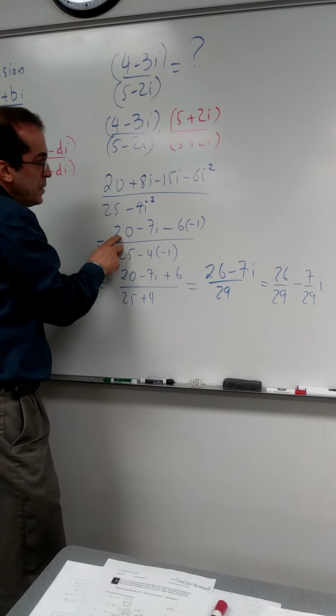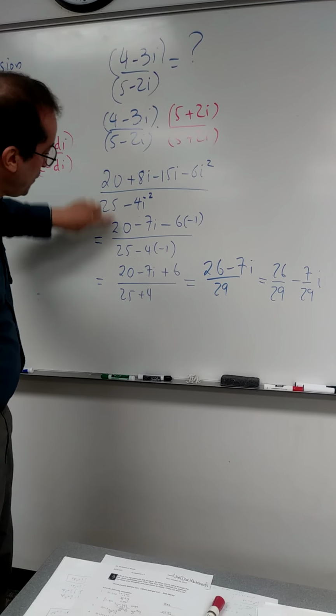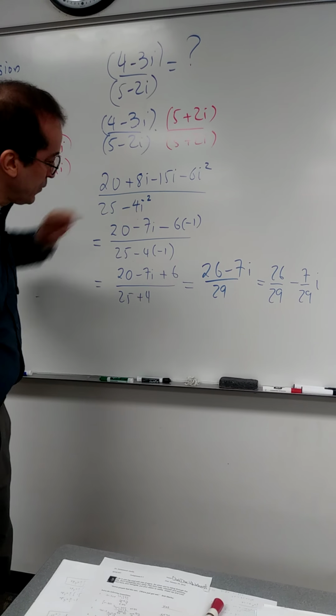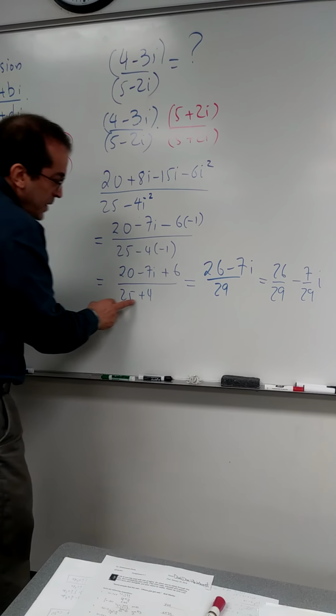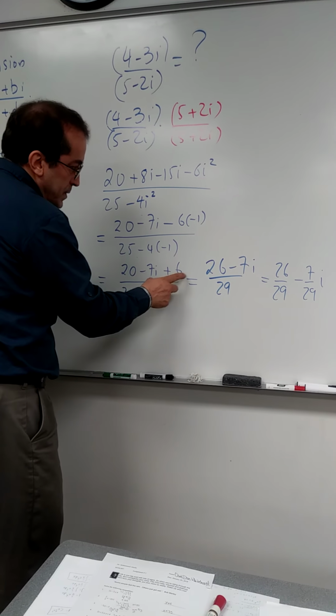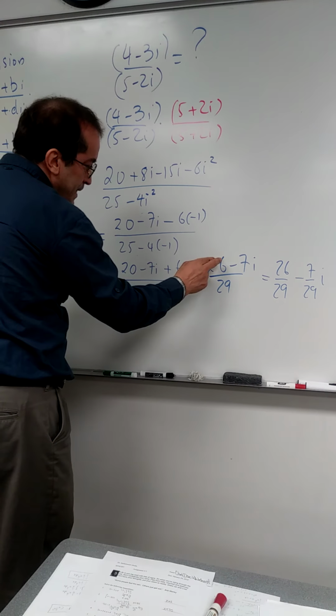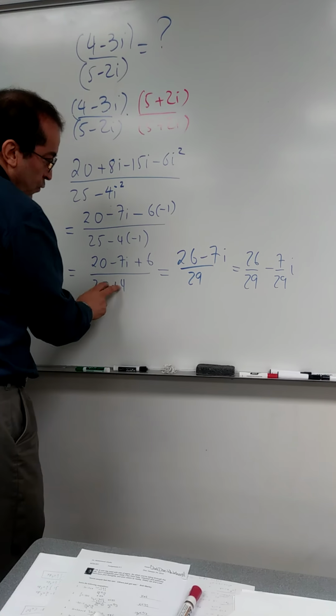So you get 20 minus 7i minus 6 times negative 1. And down here it's 25 minus 4 times negative 1. Minus 4 times negative 1 is plus 4, so 25 plus 4. And this turns into a plus 6. So it's 20 minus 7i plus 6. 20 plus 6 is 26, minus 7i, over 29.